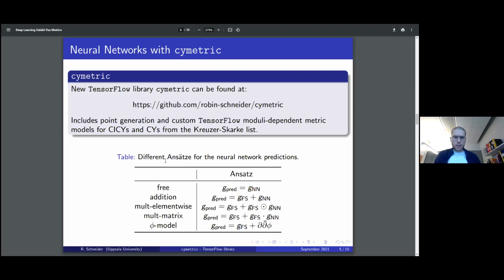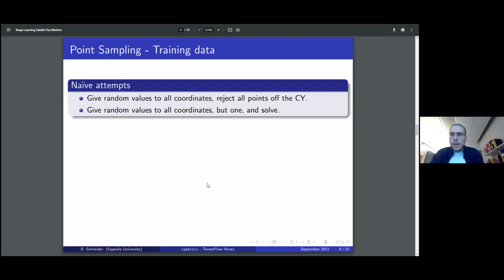So having defined these neural networks here, we will need to specify some training data. And training data for these neural networks are, of course, the points which we sample randomly from the manifold. This procedure is unfortunately not very trivial because depending on the way we sample these points, we might introduce a bias in our data set. So in order to get an unbiased data set, what we could, for example, do is sample random points in our ambient space and then discard all the points which are not lying on the Calabi-Yau.